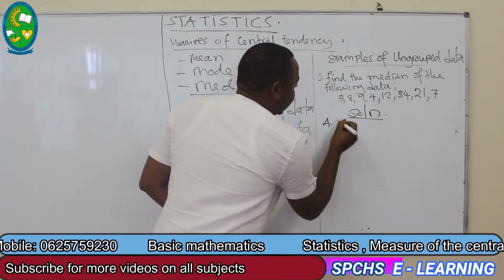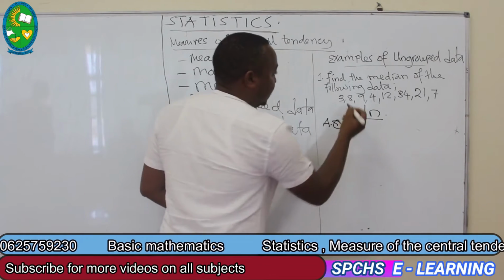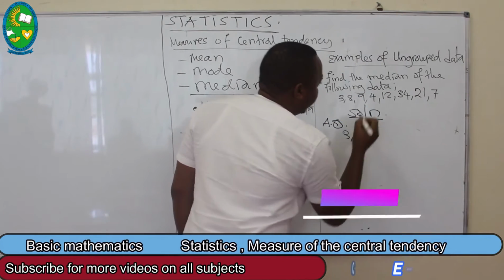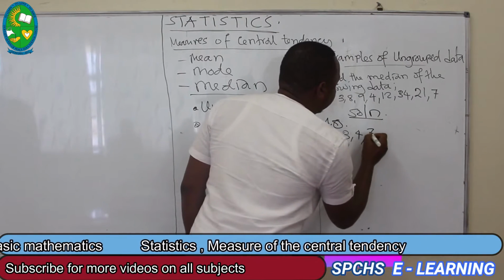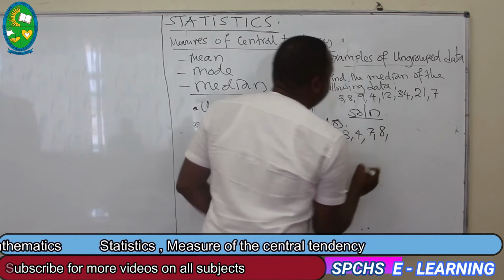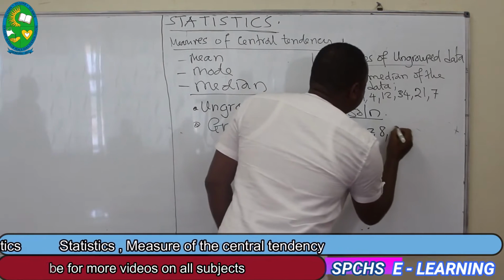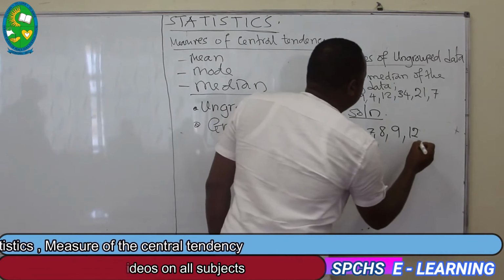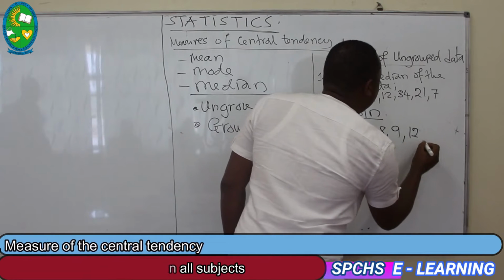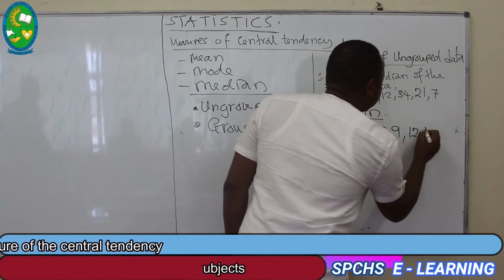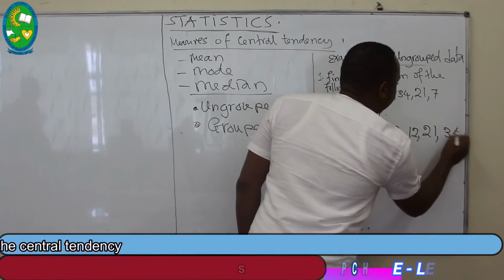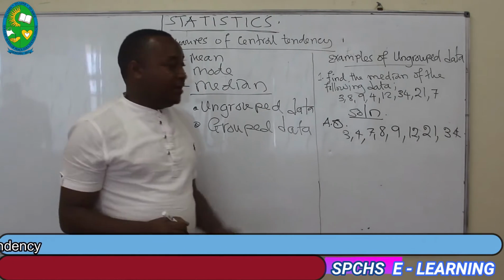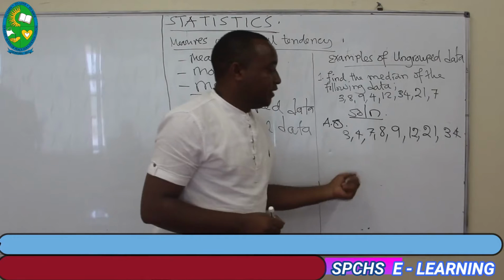The least value here is 3. We have 4, 7, 8, 9, 12, 21, and 34.